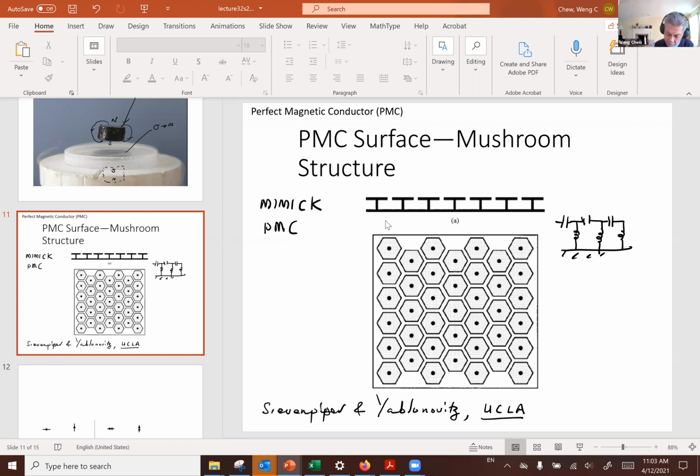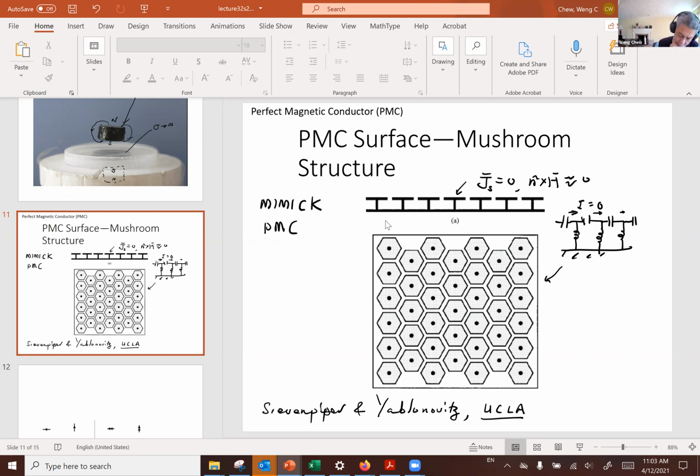So you can think of the circuit equivalence of this structure to be something like this. At the resonance frequency, I is equal to 0. There's no current flowing horizontally in this structure. So if I is 0, then Js on this structure is 0. It means that n cross H is approximately 0 on this surface because there's no current flowing there.